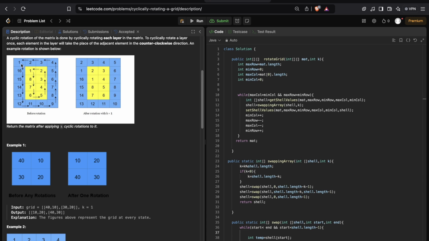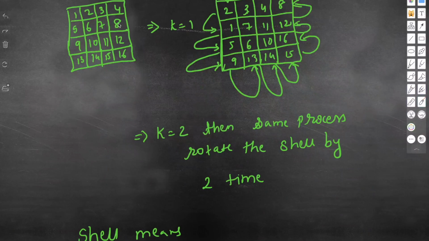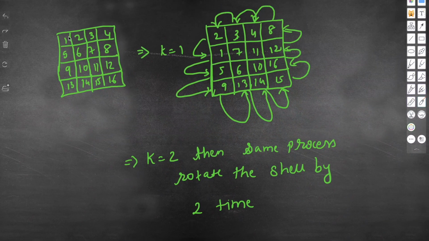If this is the first shell, then in the same procedure you have to apply it to the second shell also. So 2 will come at 1's place, so it came here, 3 will come at 2's place, so 3 came here, and so on. So you have to rotate every shell of the matrix by k. Let's try to understand here also one time. This is our initial matrix and we have been given k equal to 1.